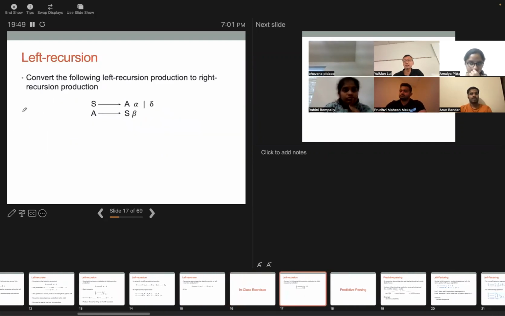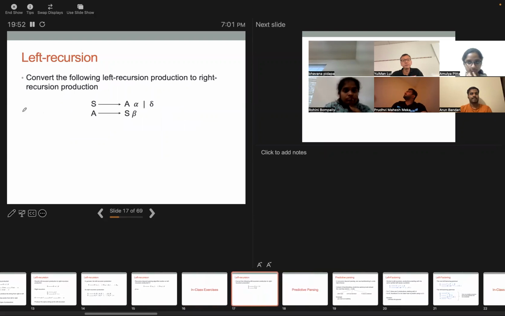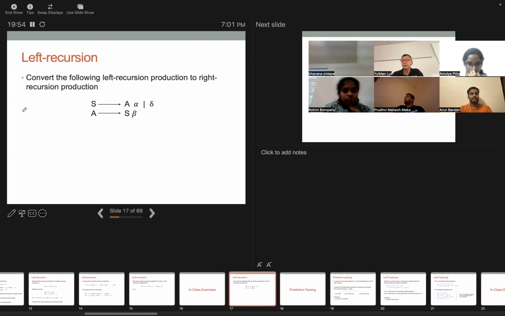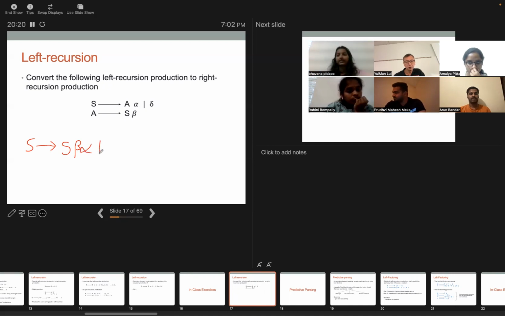All right. So I have an exercise for you. Here, S goes to A alpha or delta, and A goes to S beta. So you can substitute: S goes to, A is being replaced by S beta, followed by alpha, or delta, right?